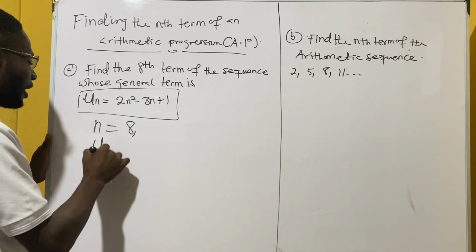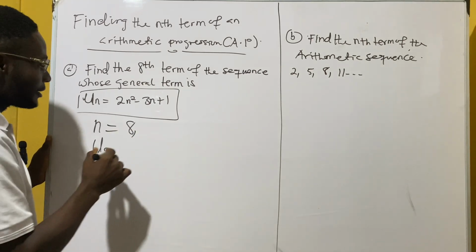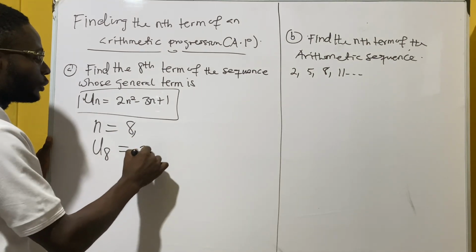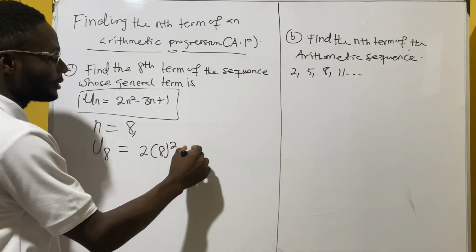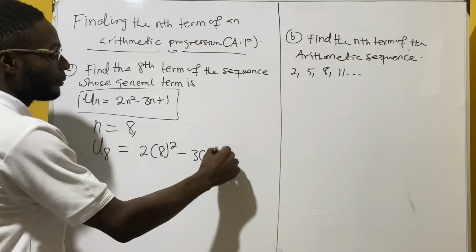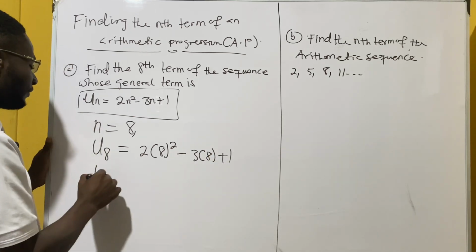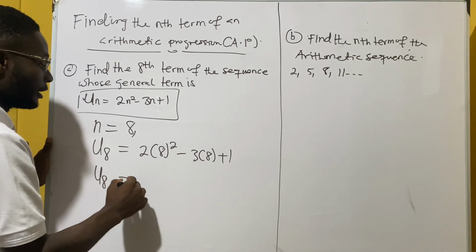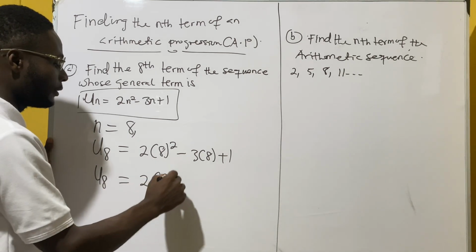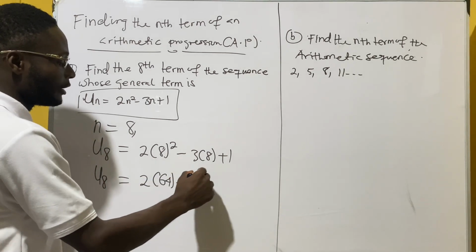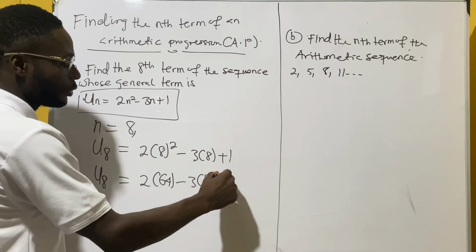We have u subscript 8 equals 2 into 8 squared, 64, minus 3 into 8 plus 1.